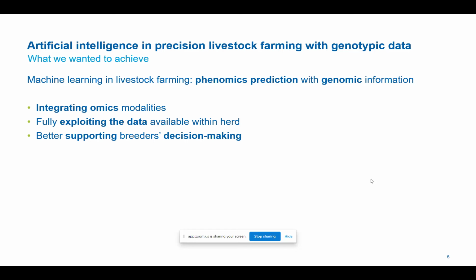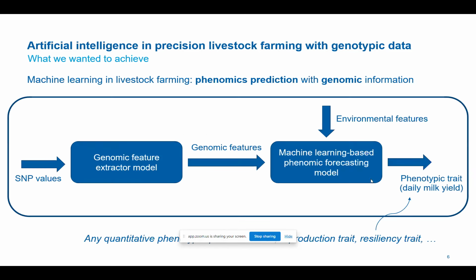The goal, of course, is that if breeders have genotypic and phenotypic data available, you would like to exploit artificial intelligence to integrate these omics together in order to get better predictions and better support the breeders' decision making. Because if you have good predictions, breeders have some material from which to start planning their herd management decisions.